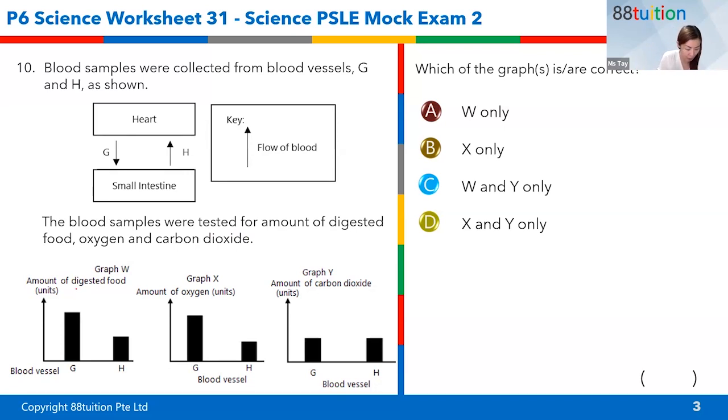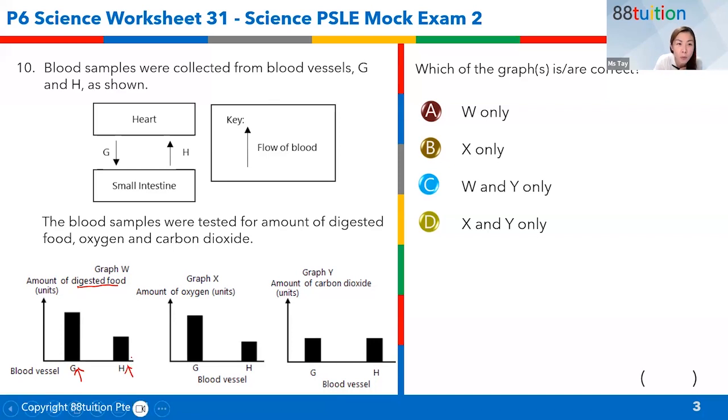So if you look at the one for digested food, graph W, we know that digestion is complete in the small intestine. And then the digested food will be moving from the small intestine into the blood and then carried to other parts of the body. So if you look at blood vessel G now, it has a lot of digested food. And then for H, it has little.